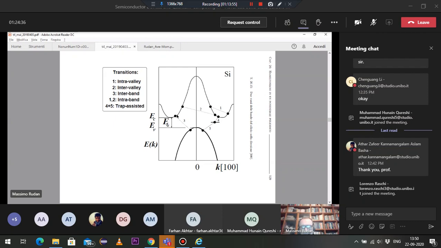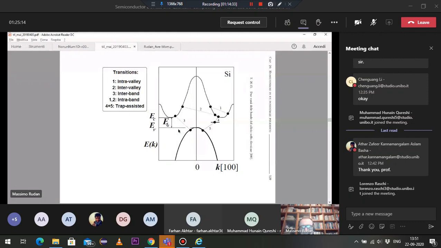In this case, we have one electron less in the conduction band and one more electron in the valence band, so there will be one less hole in the valence band. This phenomenon is called recombination of an electron-hole pair. So when the electron goes up, it is generation, and when it goes down, it is recombination.